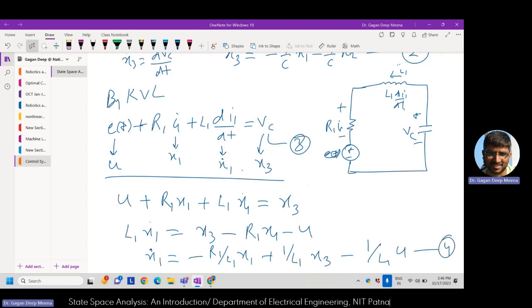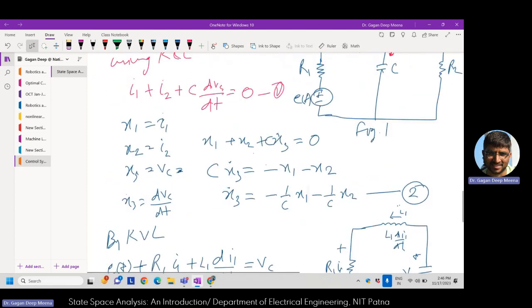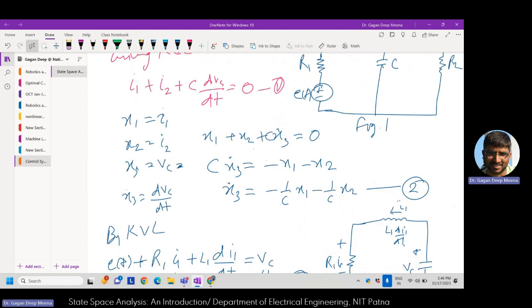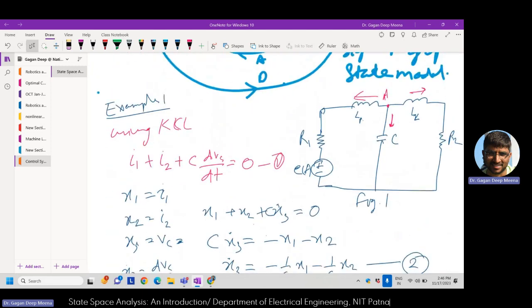So equation 4 is one differential equation, and equation 2 is another differential equation, and I have one more loop in this particular circuit.